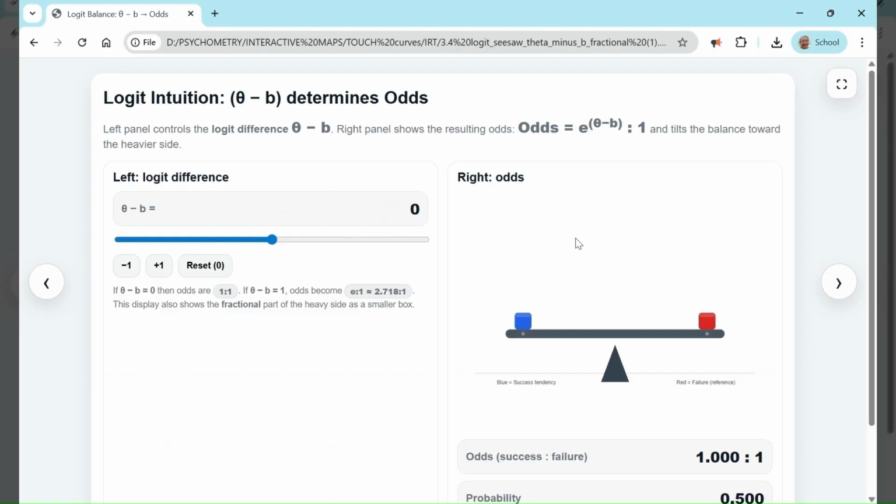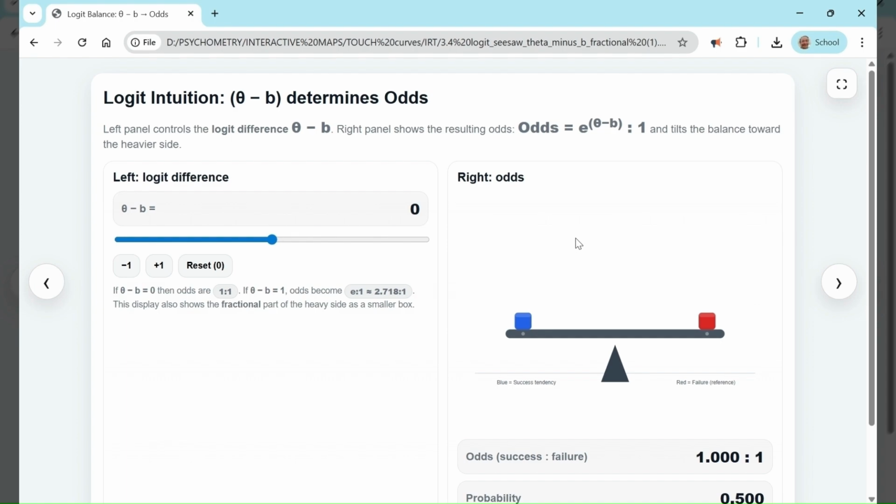But what does that mean exactly? How are we to understand that unit? The major thought about it is we understand it in terms of how it affects the change in the odds of solving the question correctly.